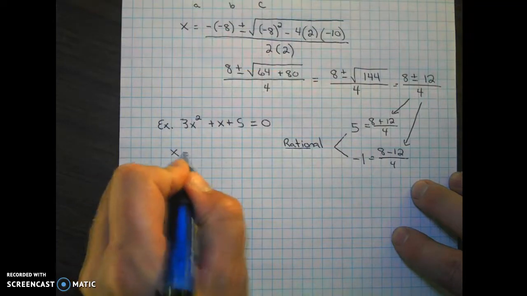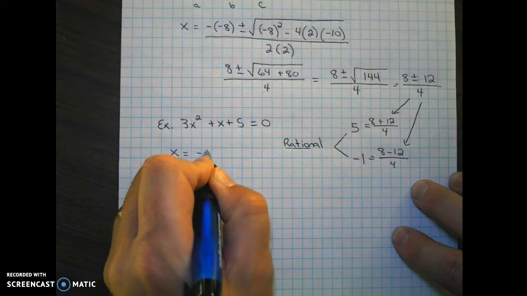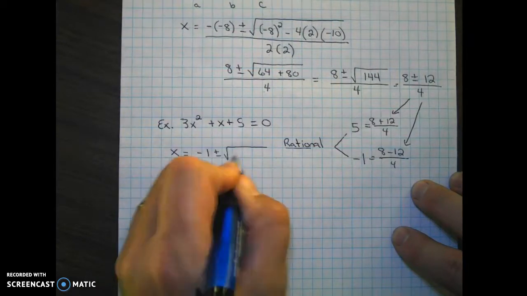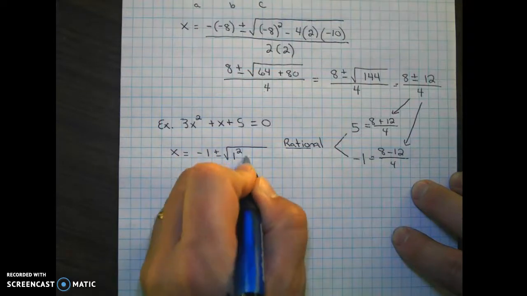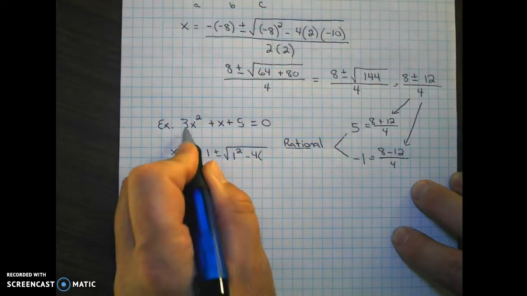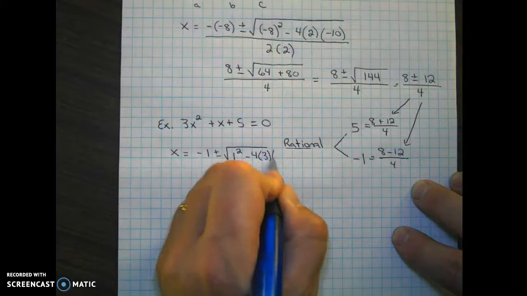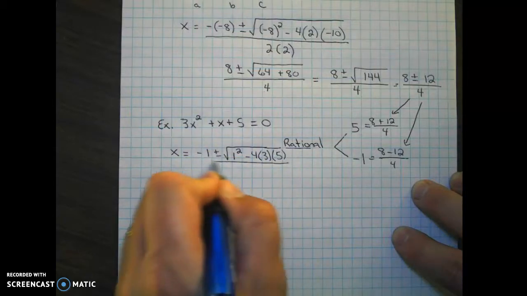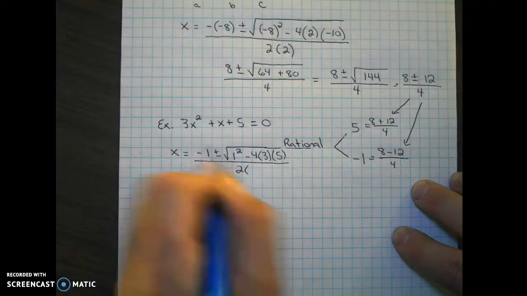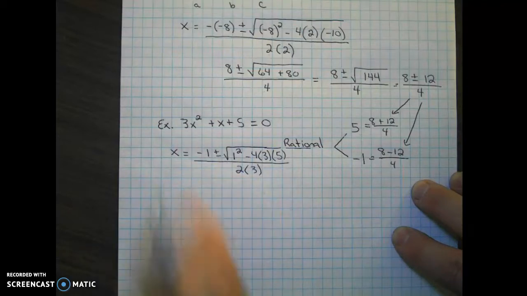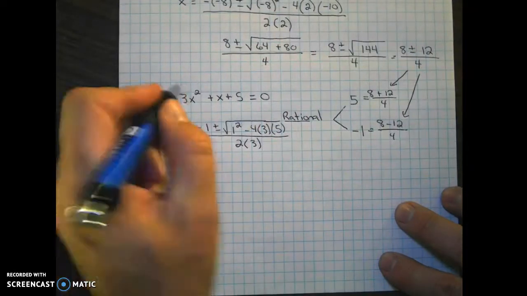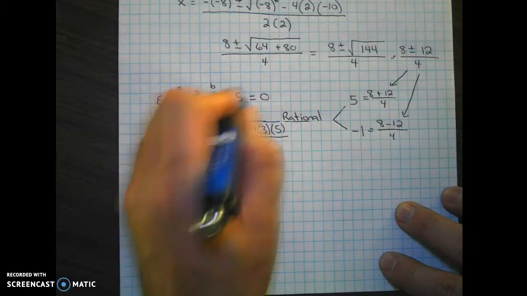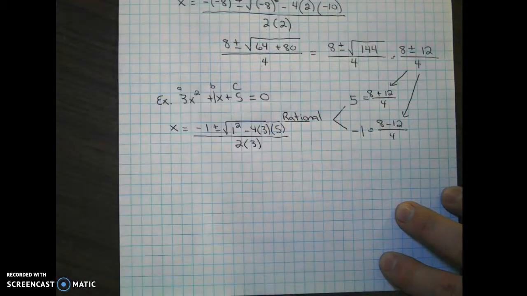So x equals -b plus or minus the square root of b squared minus 4 times a times c, and that's going to be over 2 times a. So remember, this is a, the invisible 1 is b, and the 5 is c.